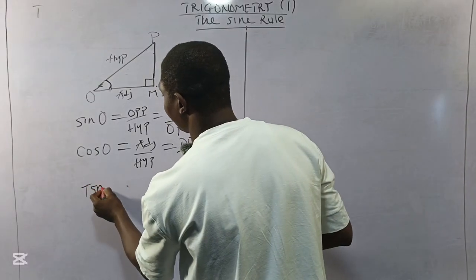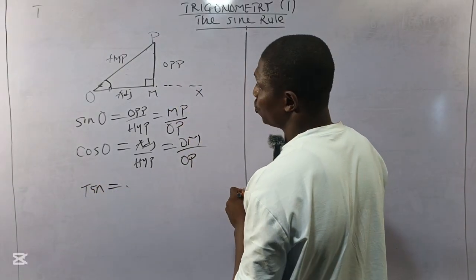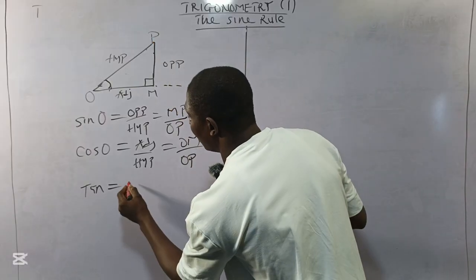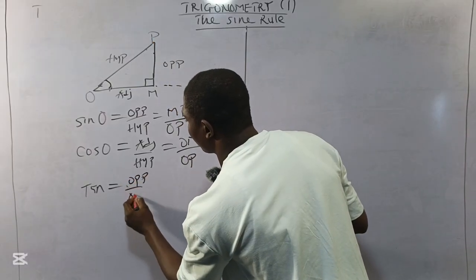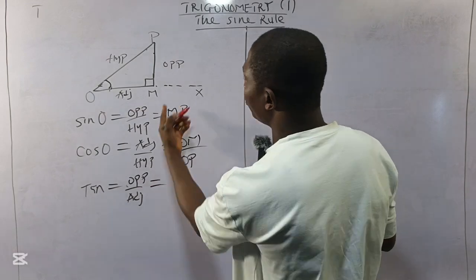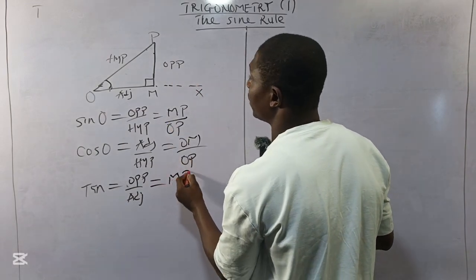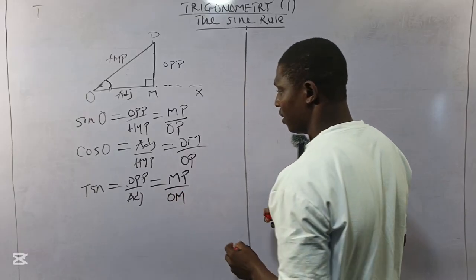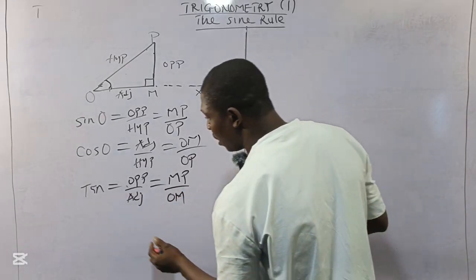And my tan is equal to opposite over adjacent. My opposite here remains MP, and my adjacent remains OM.